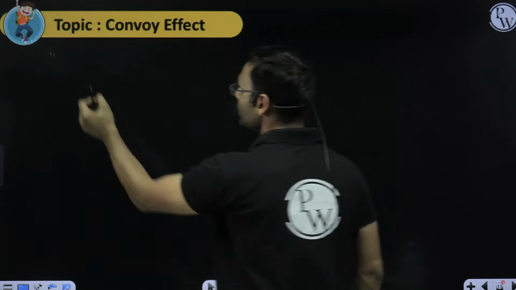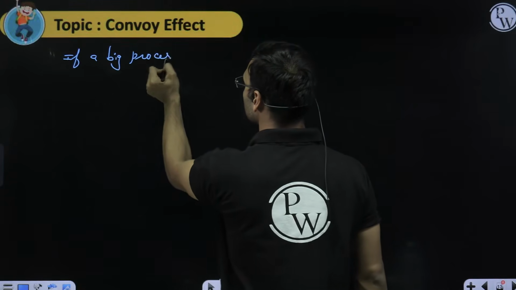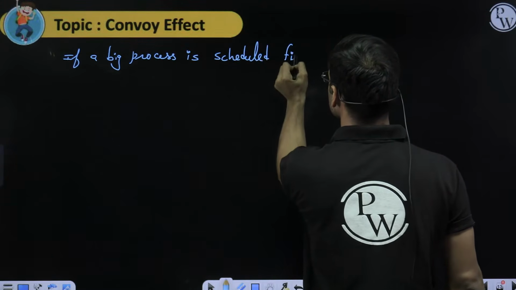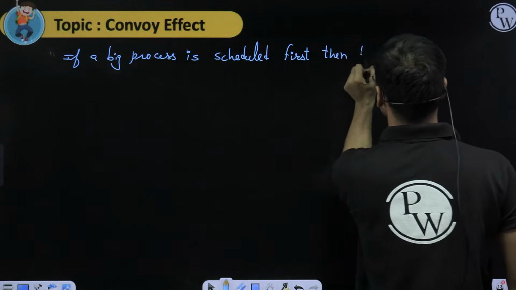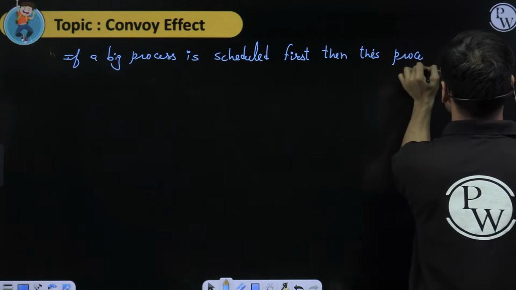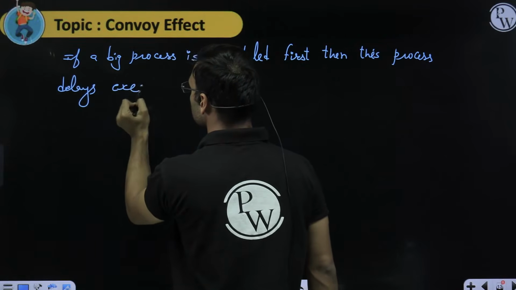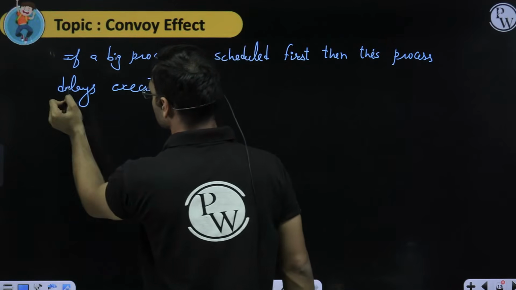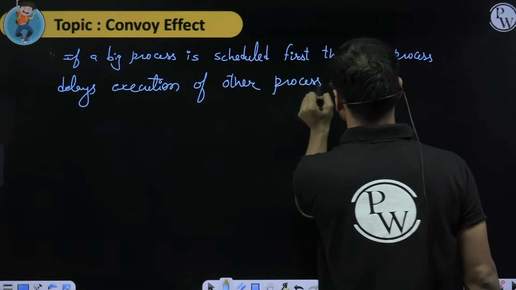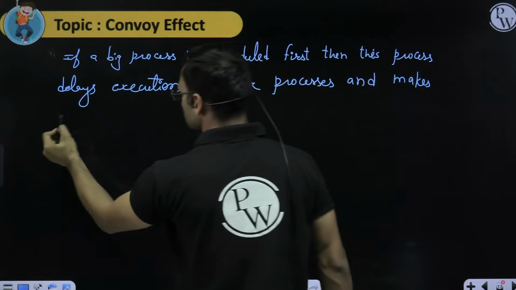So convoy effect is, if a big process is scheduled first, then this process delays execution of other processes and makes system slow.